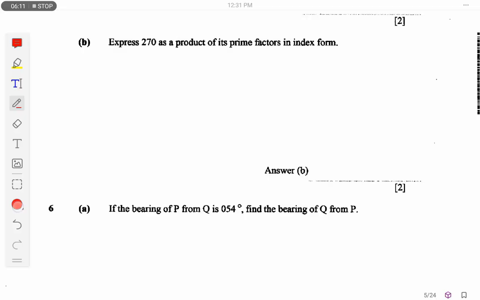Express 270 as a product of its prime factors in index form. We must highlight the index form and also prime factors.